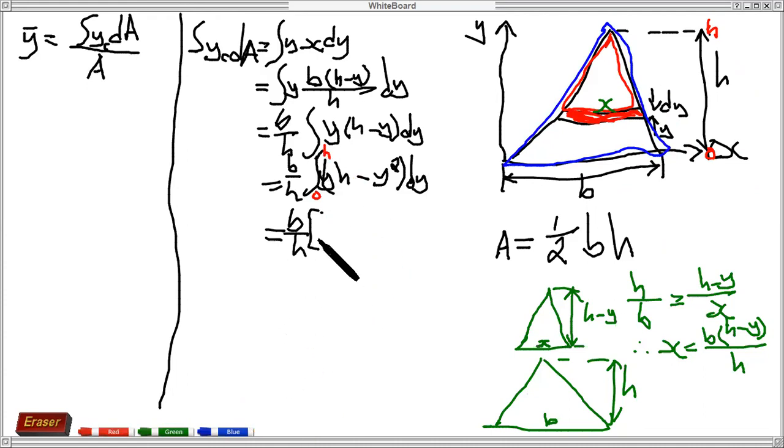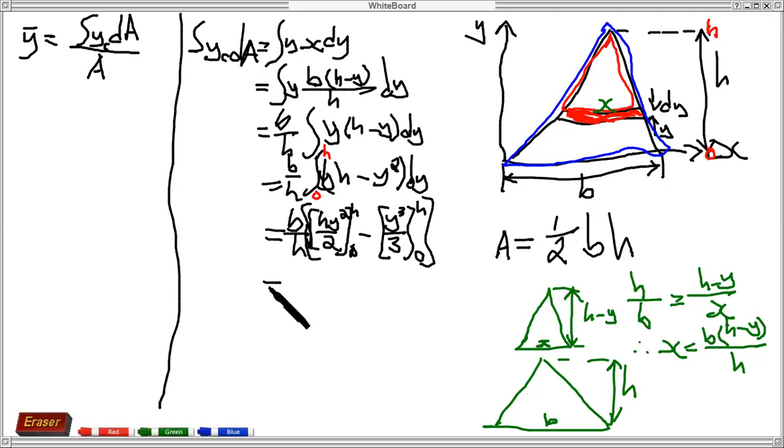Therefore, if you integrate now, hy will become hy squared over 2, with a bracket from h to 0, minus, again, this will become y to the power 3 over 3, from h to 0.